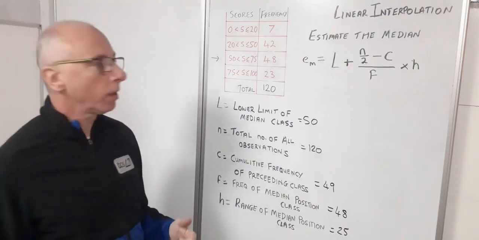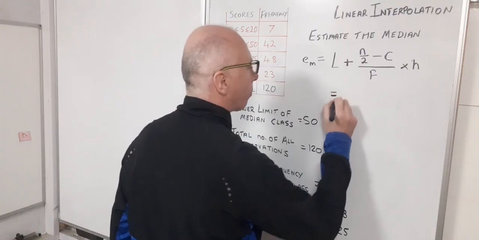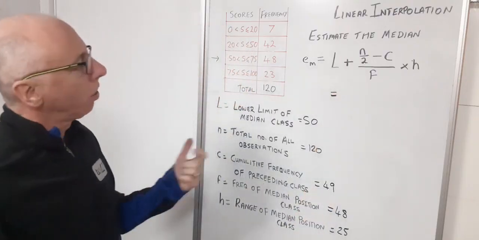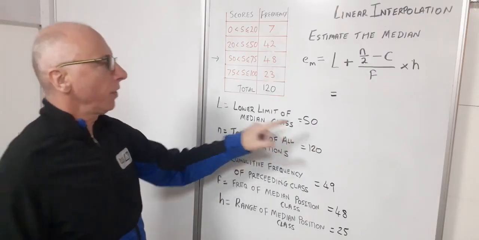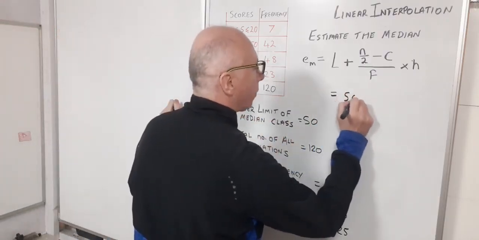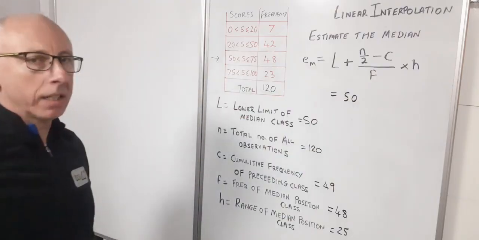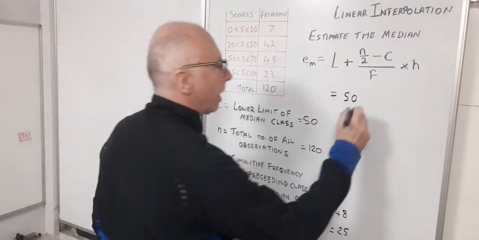We just need to plug that into our formula and calculate it all through, which you can do by calculator, or I'm going to do by hand on here. So L is our 50. So 50, that's our lower limit of the median class, plus n over 2.